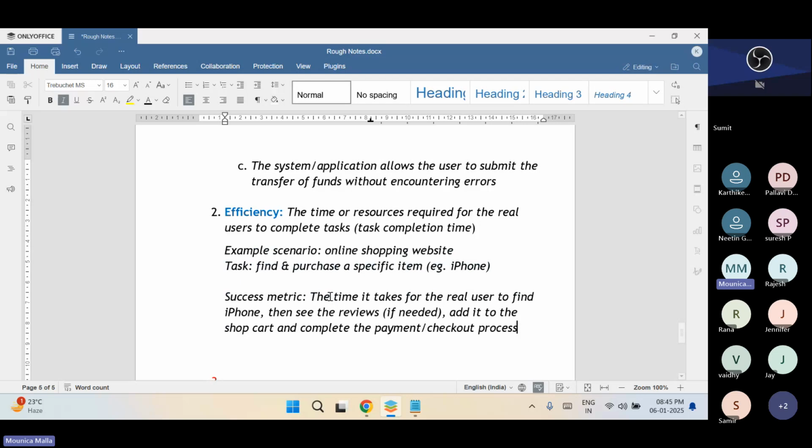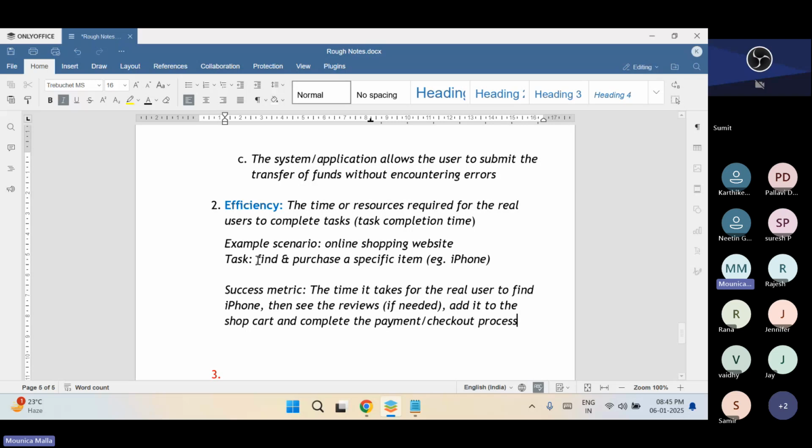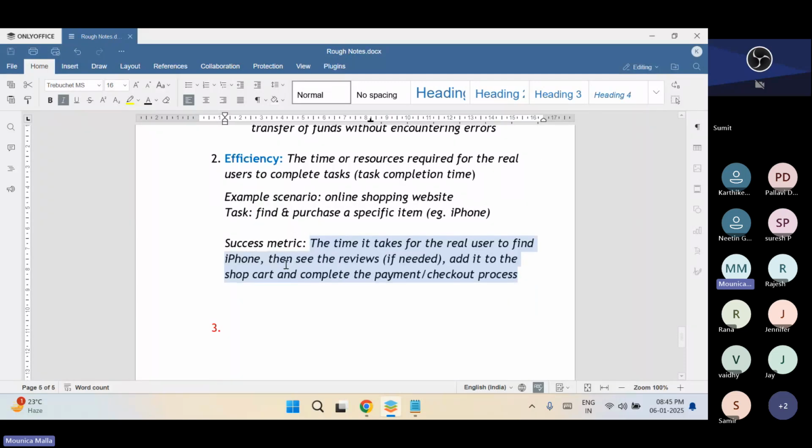Right? This is my acceptance criteria, or success metric, to find and purchase a specific item called iPhone. This is how any person can define the success metric for an item you want to search online and complete the process of purchasing it. This is how your product manager or your scrum master will define it.